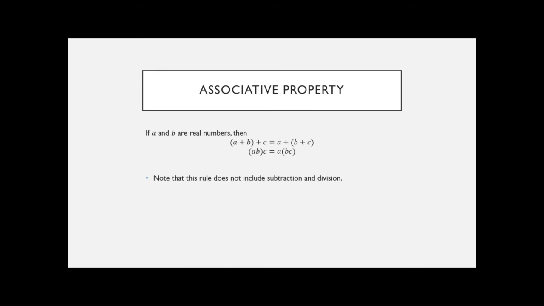But we can make it work. You just have to turn your subtraction into adding a negative. So subtraction is the same as adding a negative. And so then when you do that, all subtraction becomes an adding problem. And then you can use the associative property.